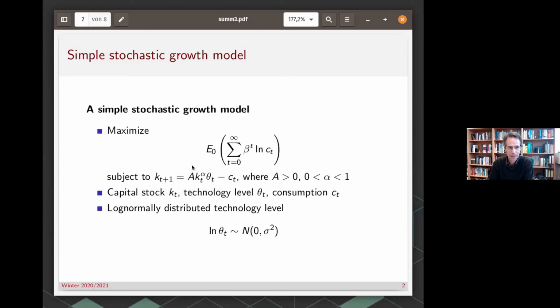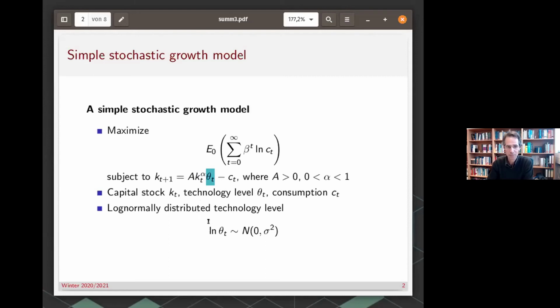We have a production function which depends on the capital stock, not on labor, because it's very simple. And we have the technology level, which is new here, theta. And the technology level here is important because we assume that technology is random. So there's randomness coming into the game.